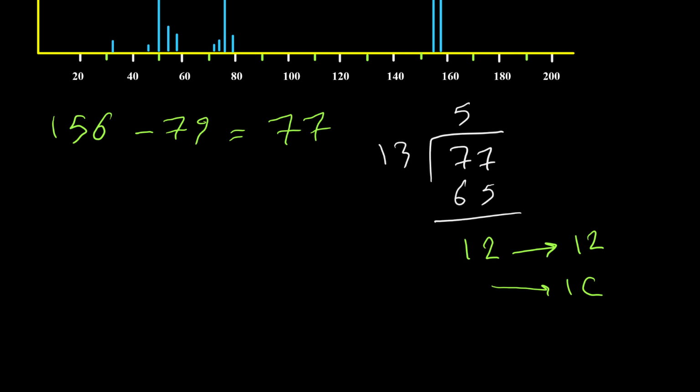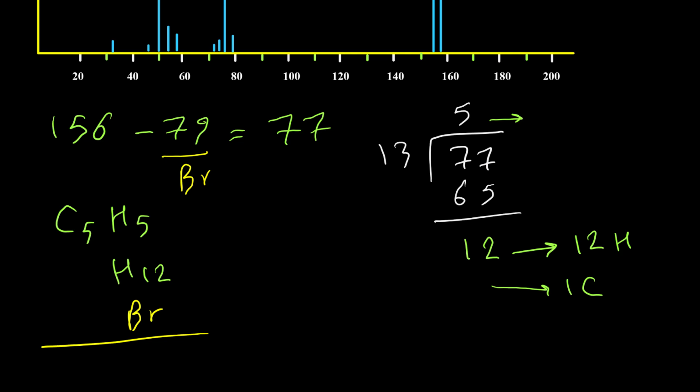So we have 5 for the quotient, then our formula is C5H5. Then we may have 12 hydrogen as well. In addition to that, for sure we have one bromine in our formula.